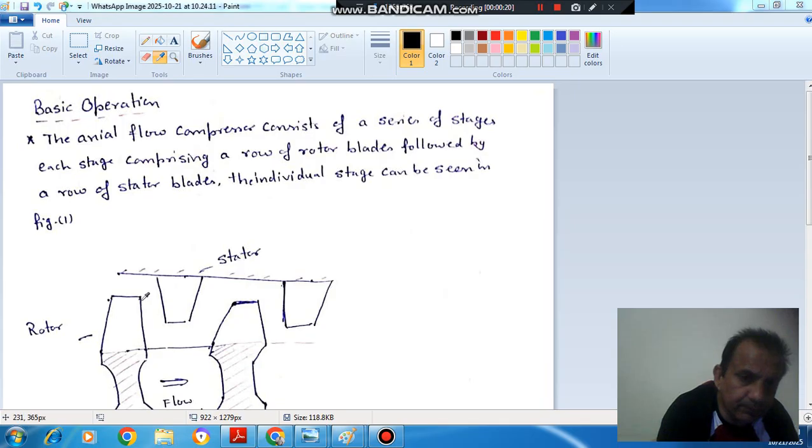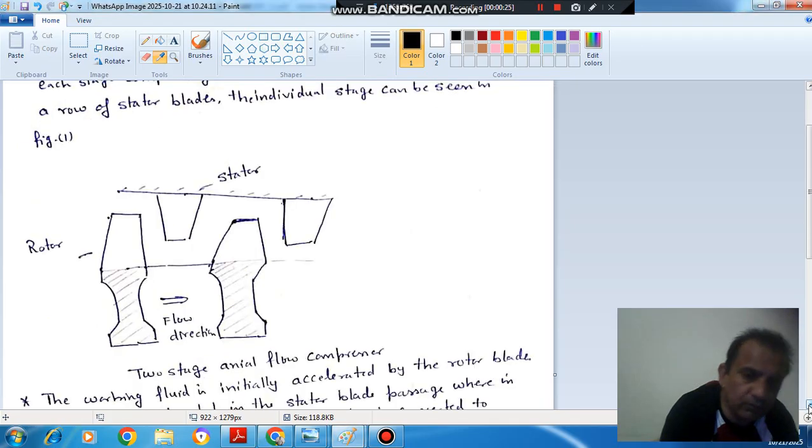So this is your typical two-stage axial flow compressor. In this, first there is a rotor blade, then a stator blade, then a rotor, and then a stator. The rotor blade imparts kinetic energy to the flow of air coming into the compressor.